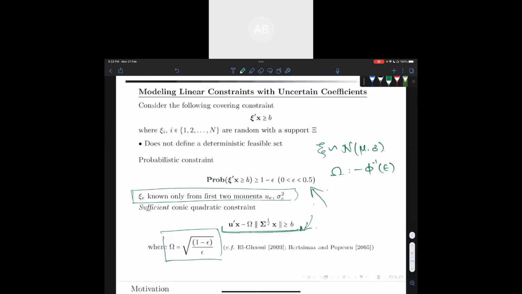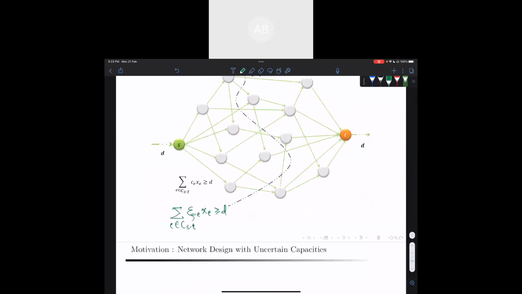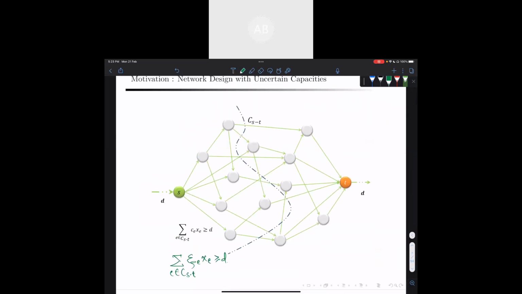Let's say that what I'm deciding is whether I wish to have an arc built or no, right? Every time I build an arc, I need to pay some fixed cost. So clearly, building all the arcs, I need to pay some fixed cost.